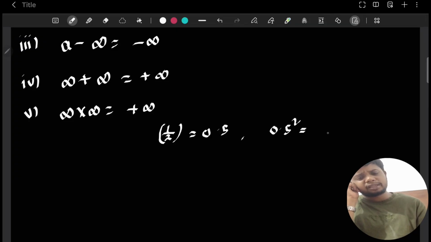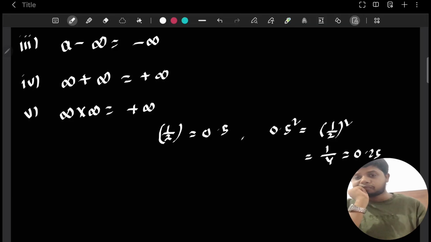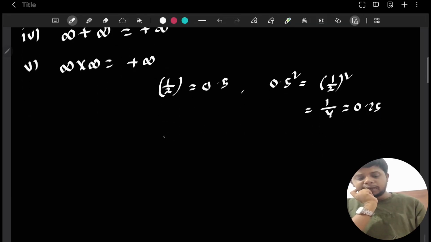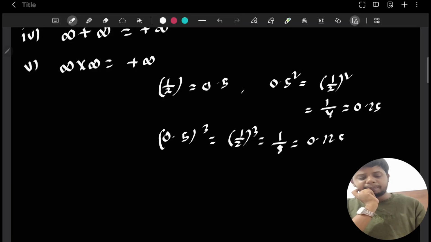You'll say, sir, 1 by 2 square means 1 by 4, which is 0.25. If I take 0.5 power 3, 1 by 2 power 3 means 1 by 8, so we'll get 0.125.